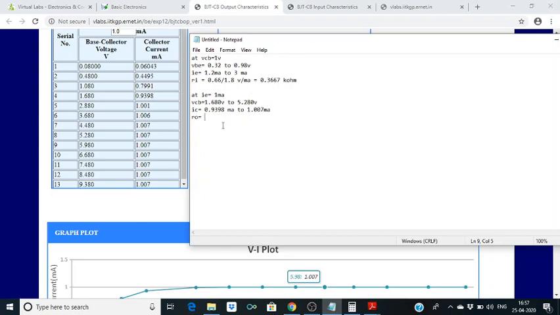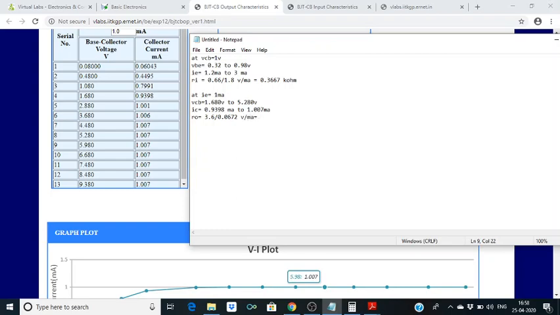So VCB change is 5.280 minus 1.680, which is around 3.6, divided by the current difference 1.007 minus 0.9398, which is 0.0672, in volt per milliampere.